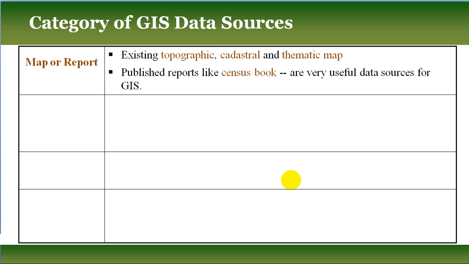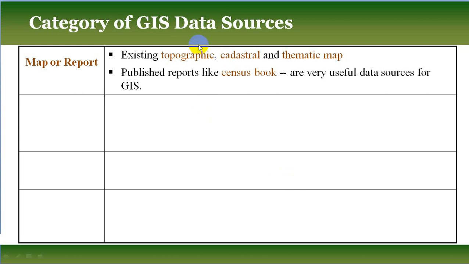For example, if you engage in a GIS project whose ultimate goal is to prepare a municipality map, then for preparing a municipality map you need different types of GIS data, which you have to acquire accordingly.